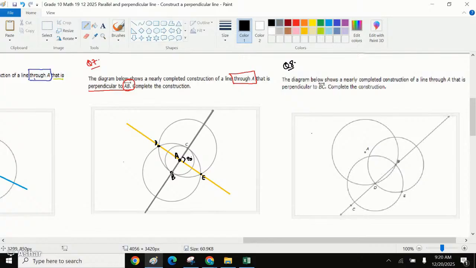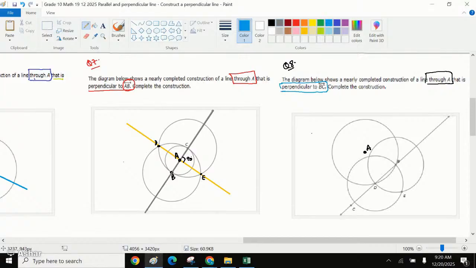The question says that the diagram below shows a nearly completed construction of a line passing through the point A. Again, it has to pass through this point, point A. But it is perpendicular to the line BC.